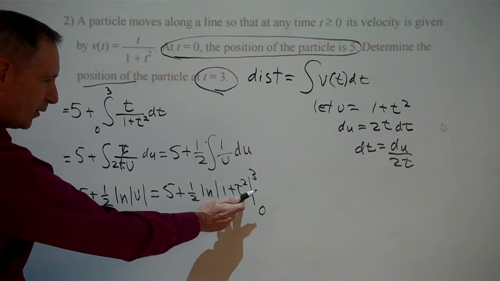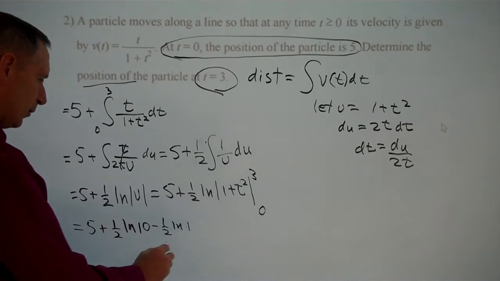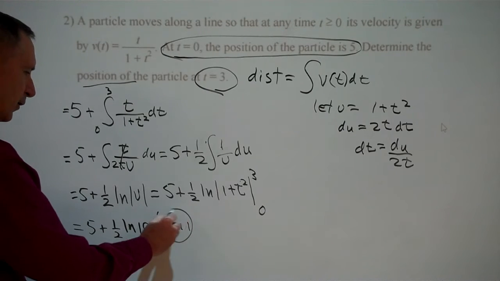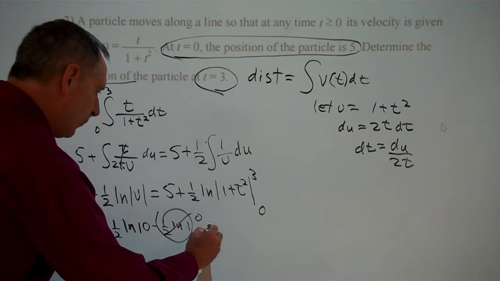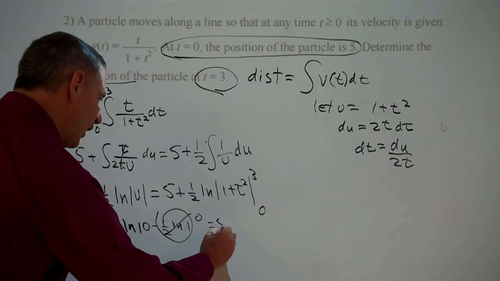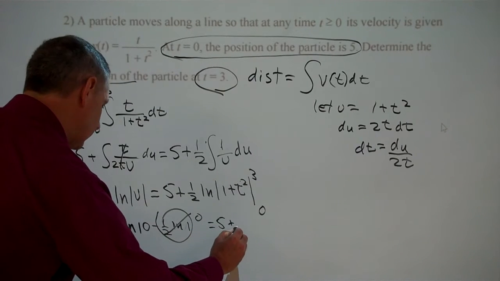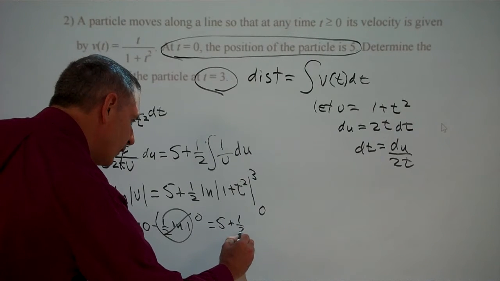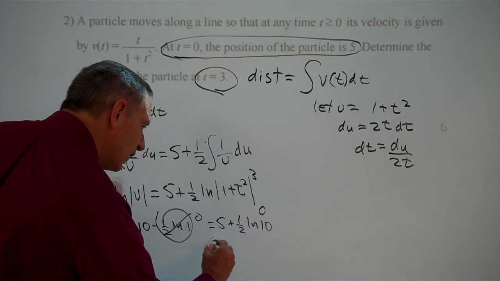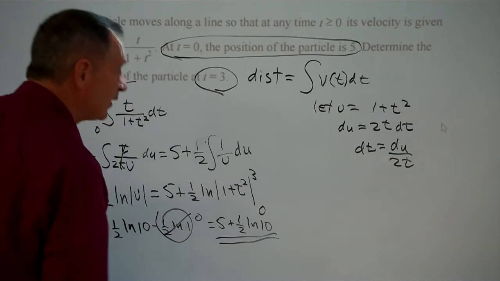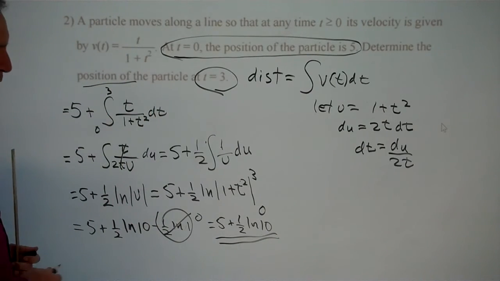If we plug in 0 for t, we'll have ln 1. Well, ln 1 is going to be 0, so our final answer is going to be 5 plus 1/2 ln 10, which is approximately equal to 6.15, I believe.